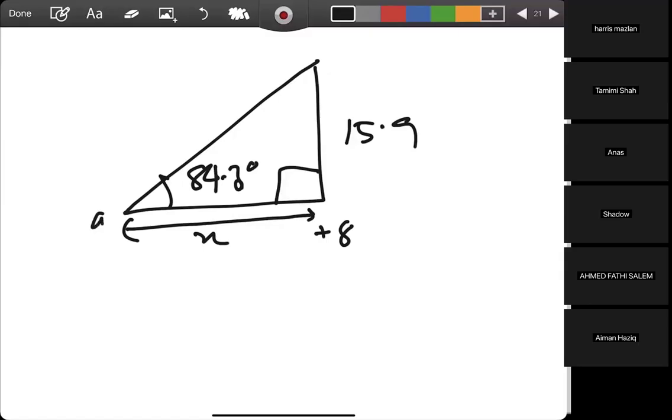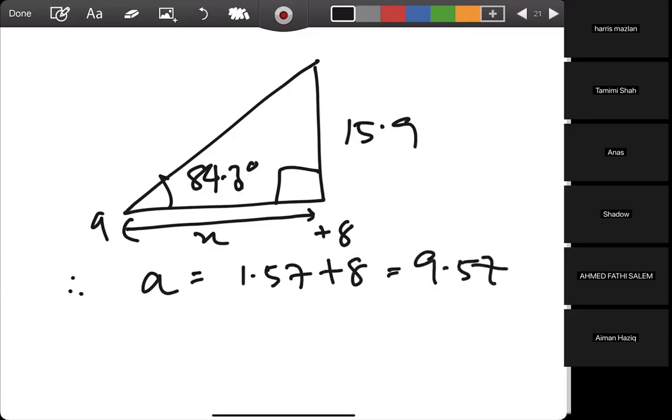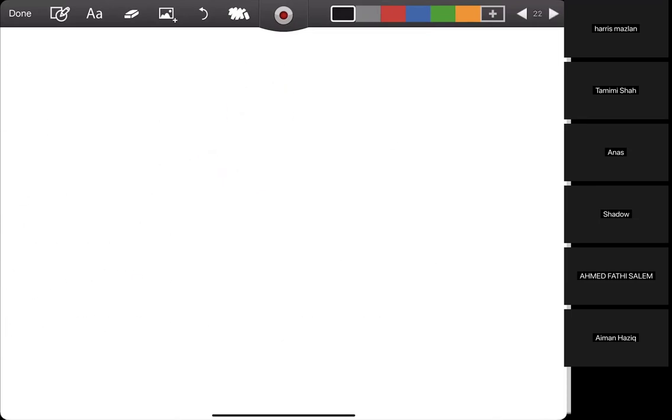So this one is E, so therefore E is equal to 1.57 plus 8, 9.57, okay. So therefore your ZC is minus 9.57, okay.